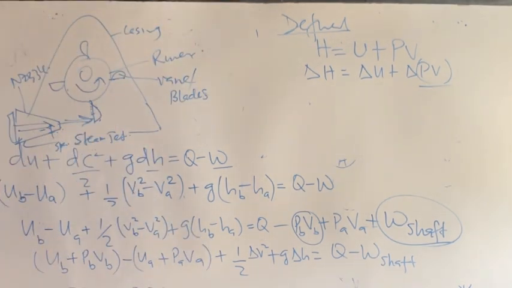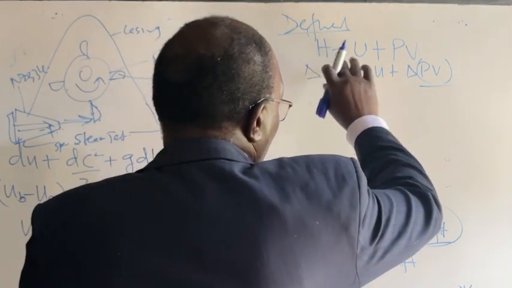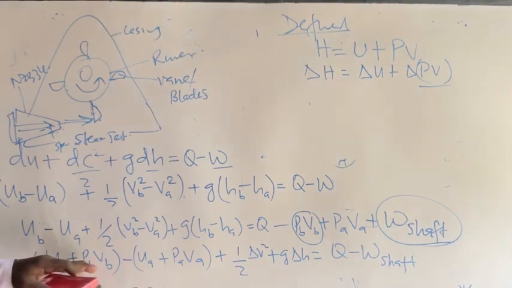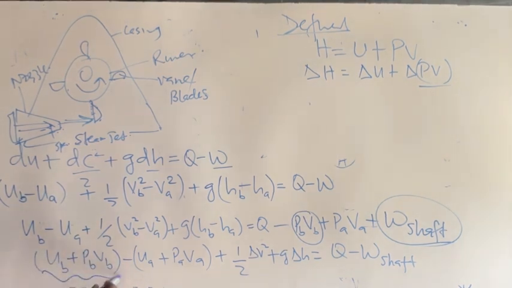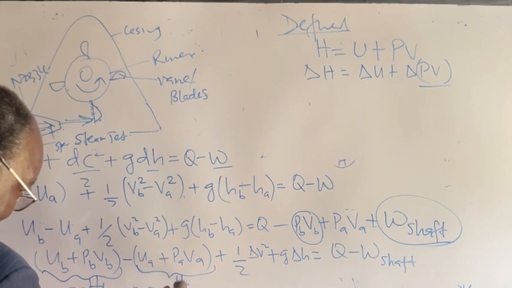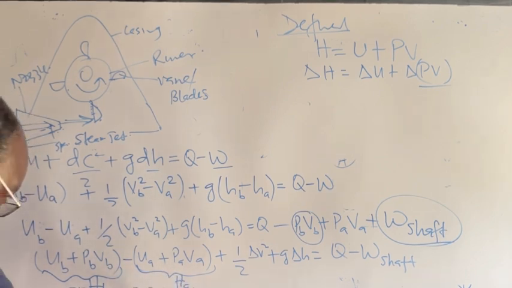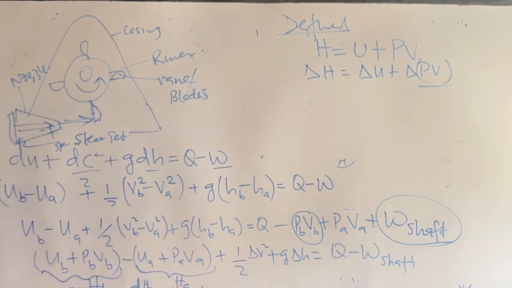Now, taking cognizance of the fact that H is equals to U plus PV, we have the same expression here, UB plus PB VB. So we can call this HB. And this one, UA plus PA VA, we can call that HA. So that basically this quantity here is actually dH or delta H.